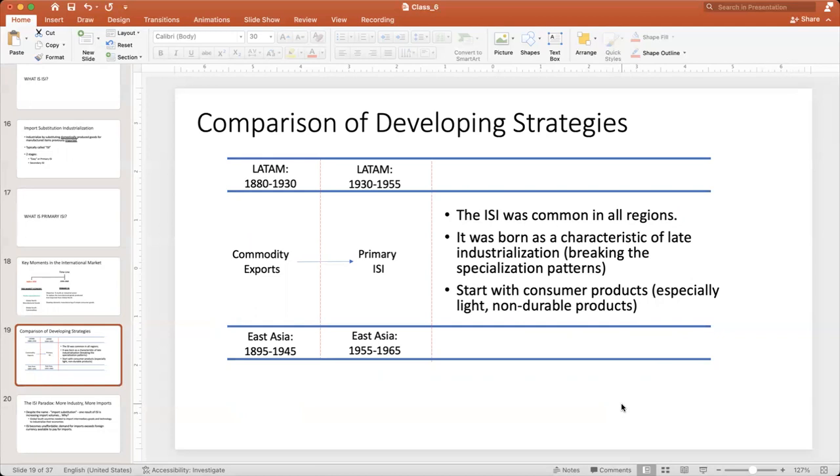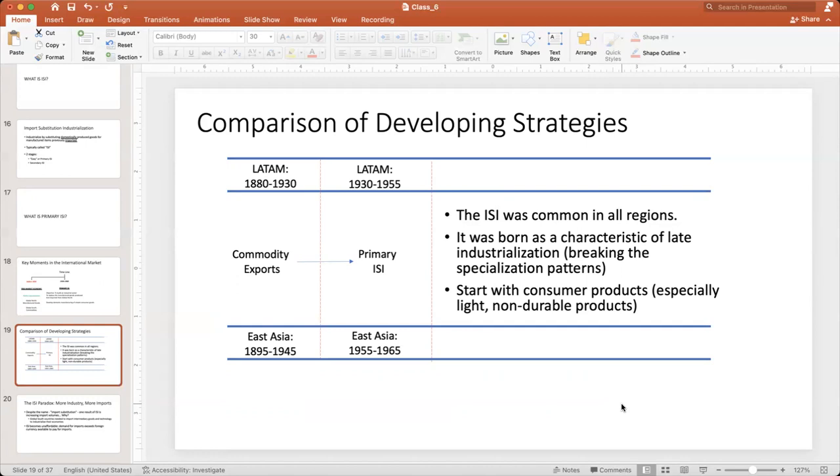Why? Because they required technology, higher levels of human capital, and higher levels of investment. And remember, before 1930, the developing countries were only producing agricultural goods. So they didn't have the technology, the investment, and the human capital required to produce the manufacturing goods.